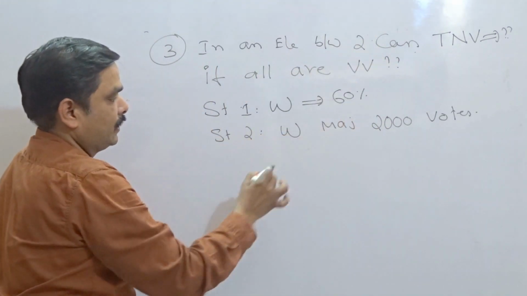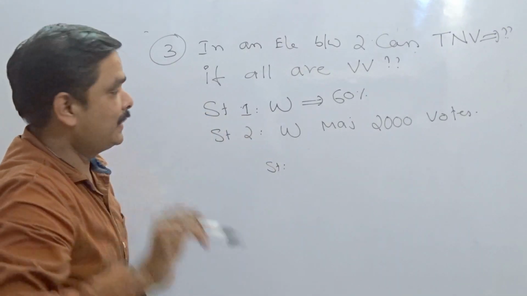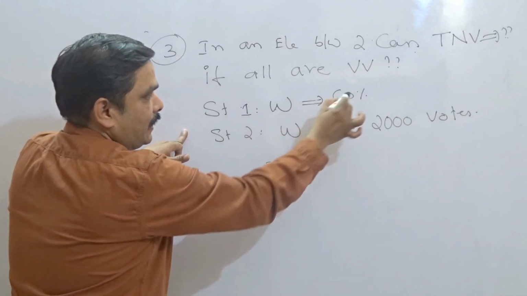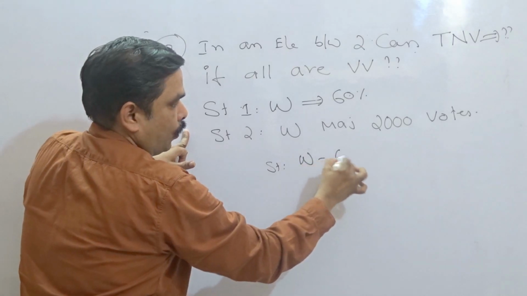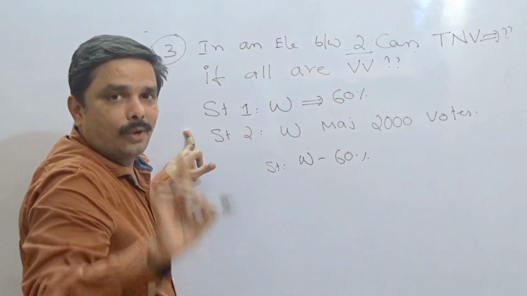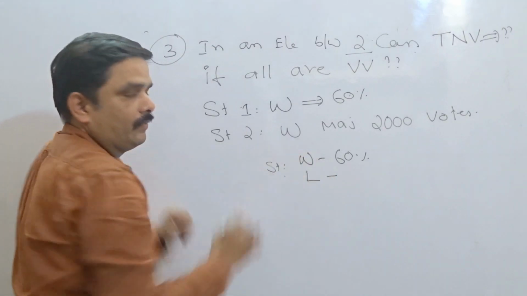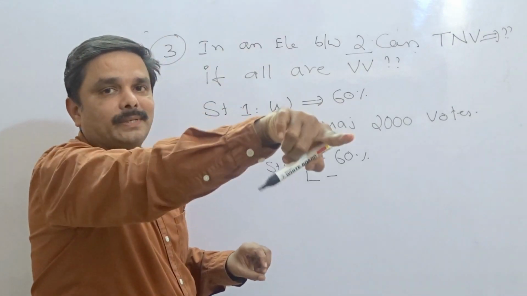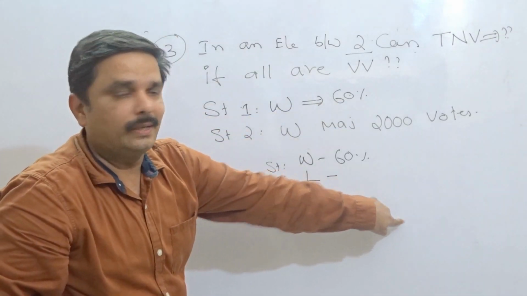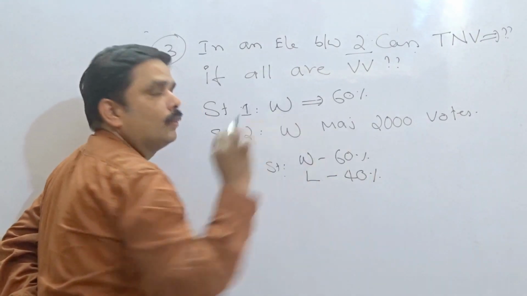Now I am starting with information number 1, statement 1. With statement 1, I can say when the winning candidate got 60% of the votes and there are only two candidates, obviously the other person should be the loser. When one is the winner with 60%, the other one should be the loser. Now the loser must get the rest, 40% of the votes.